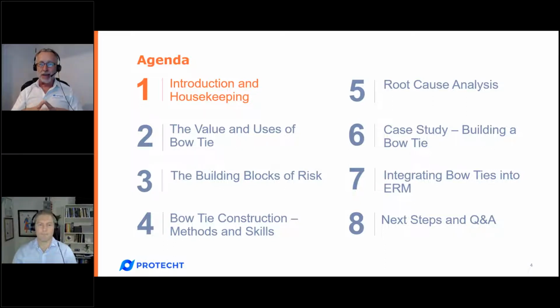Then we're going to look at the left-hand side of the bow tie, which is all about root cause analysis. Why did an incident happen? And then I'm going to pass over to Michael to do a hands-on building of a bow tie, a practical application of it and how we would use that. And then finally, remembering that bow tie analysis is but one of the many tools we have to practice great enterprise risk management, how do we integrate bow tie analysis into our overarching enterprise risk management framework?